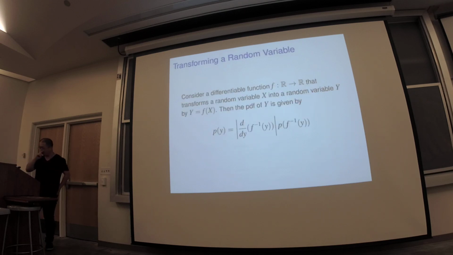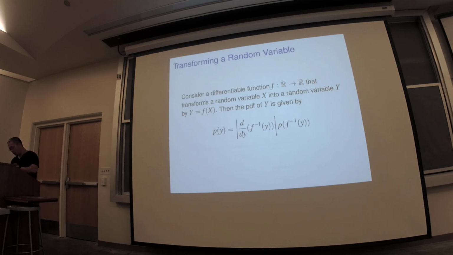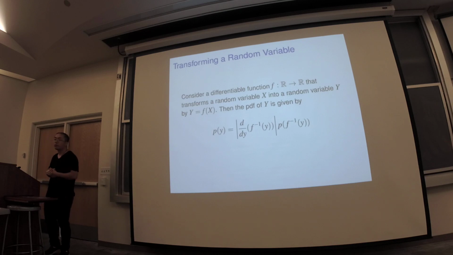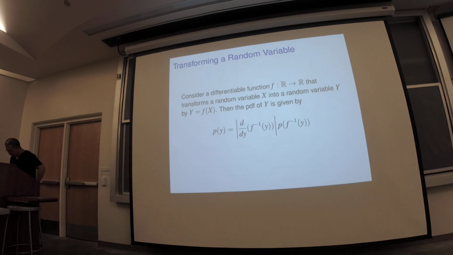And this thing I need to emphasize. What will be the probability density when we transform a random variable? Consider a differentiable function f, and we can transform a random variable x to a random variable y such that y equals f(x). Now the question is, how do we compute the density for y?